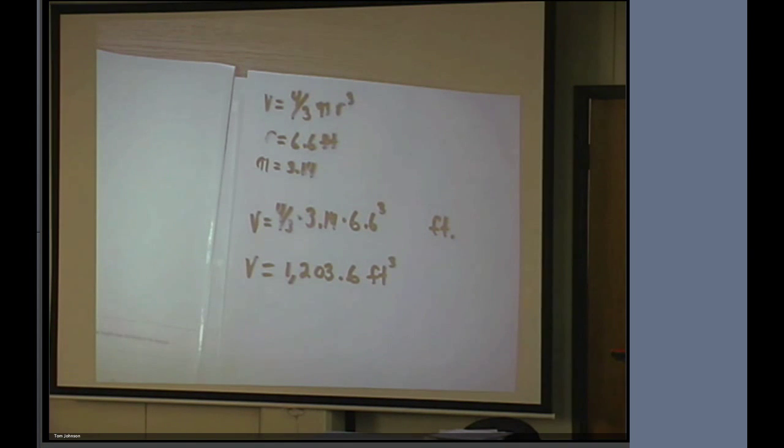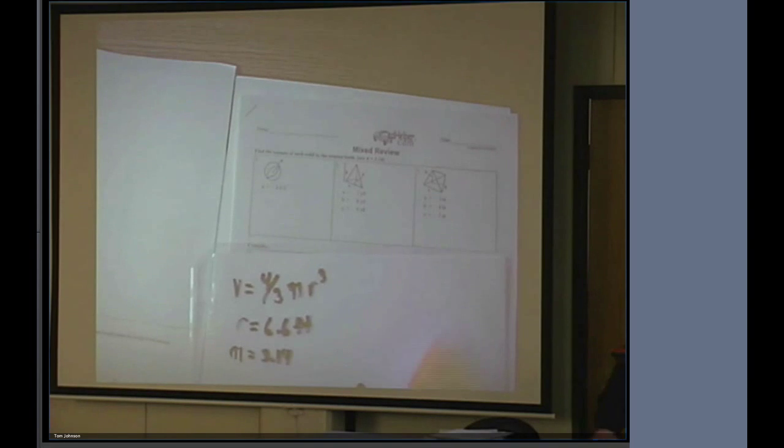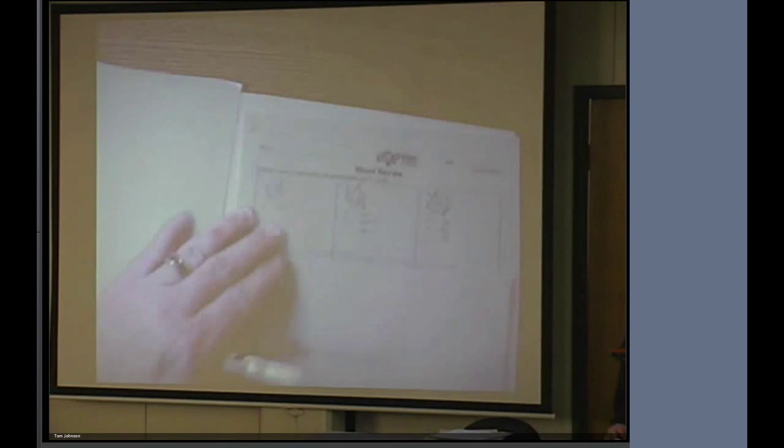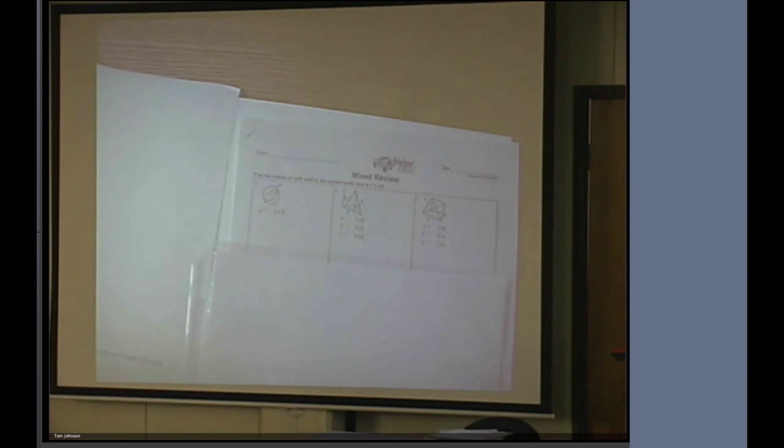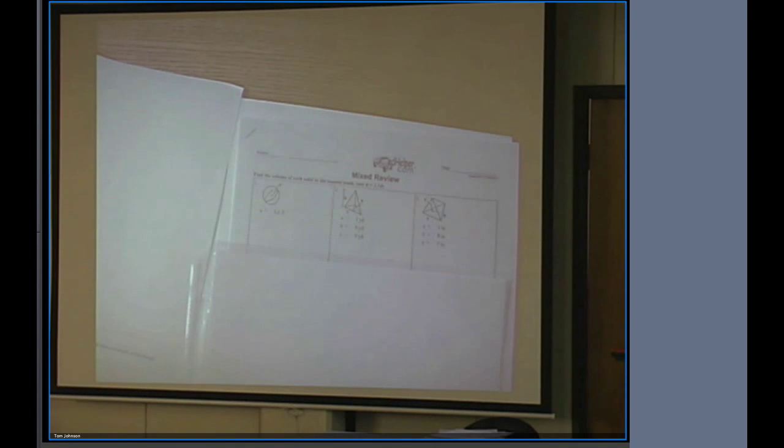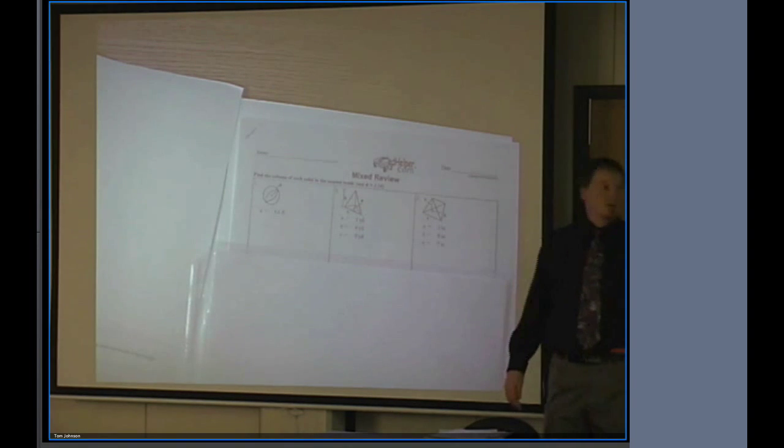Awesome. Okay. Let's look at number 2. What kind of a shape is number 2? Okay, a 3-sided pyramid, which would be a triangular pyramid.